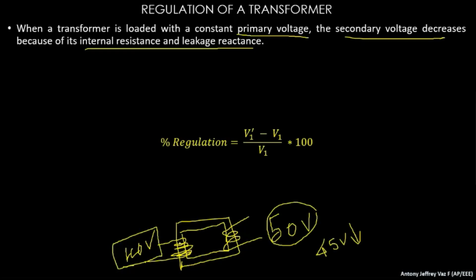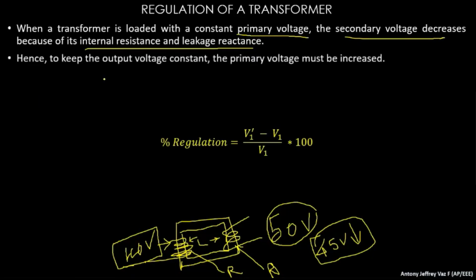The reason is that the resistance present in the windings, okay, as well as the inductance L present in the two windings are the two major reasons which cause the voltage drop on the secondary side of the transformers. So to avoid this, to keep the output voltage constant, the primary voltage must be increased.